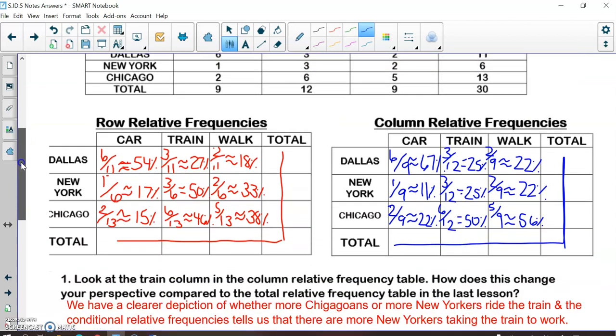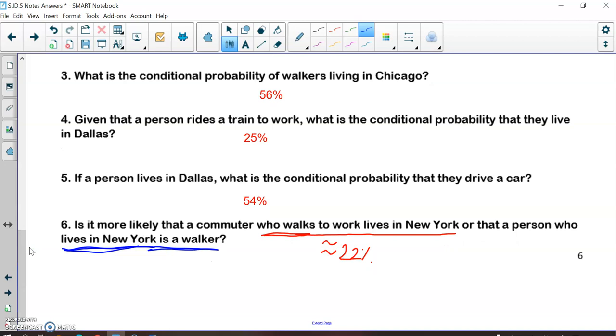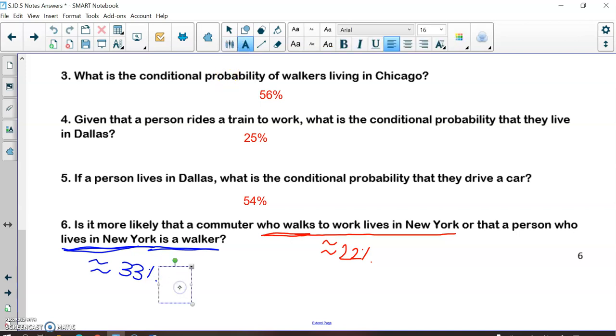That's the row relative frequency. So 2 out of 6 was 33%. So since this one had a higher percentage, it is more likely that a person who lives in New York is a walker.